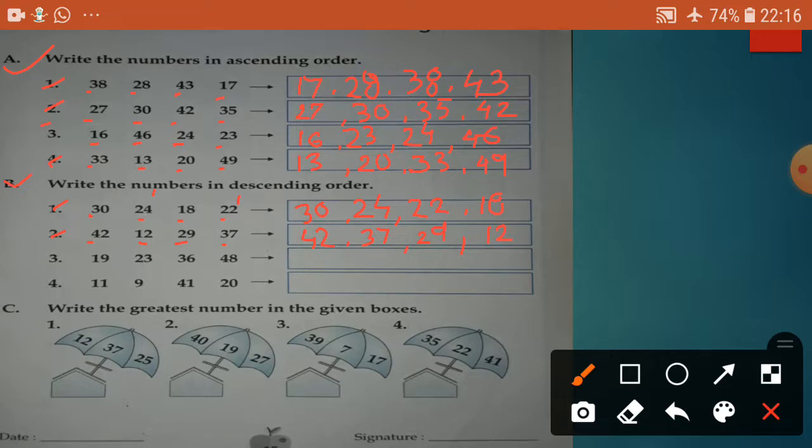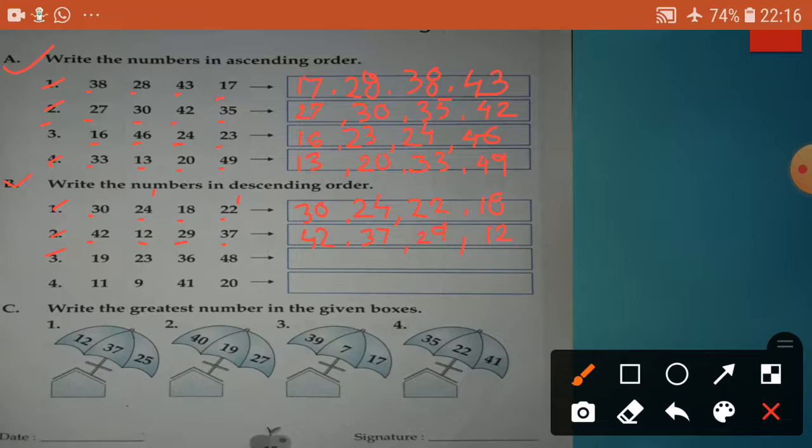Next 3, 19, 23, 36, 48. Children, see tens first, ones and tens. See ones is different and tens also different.